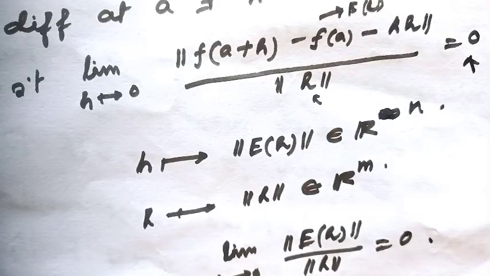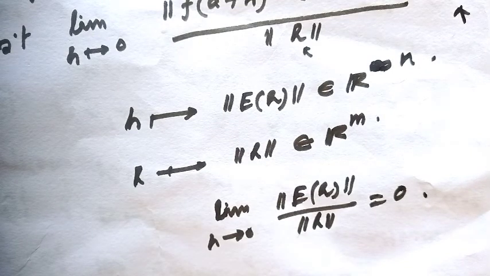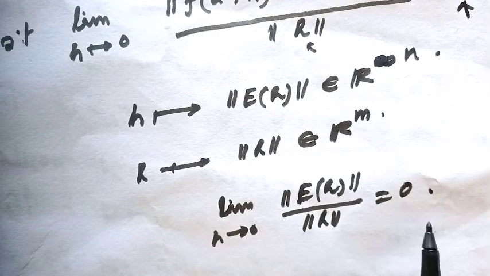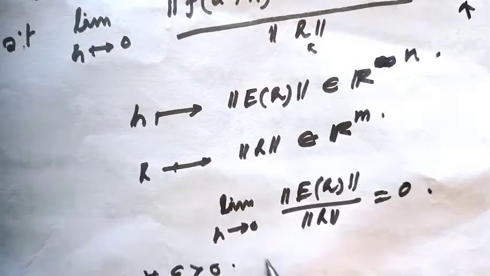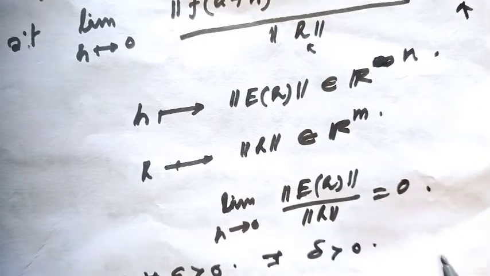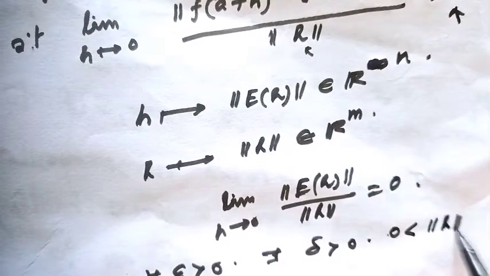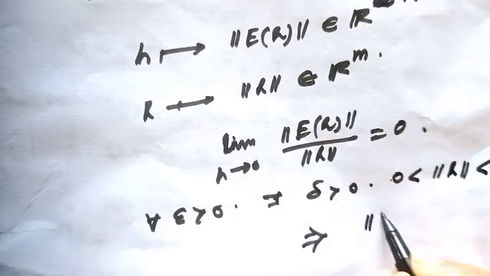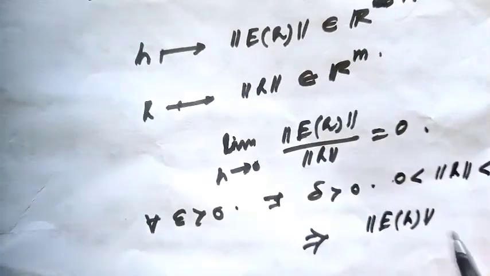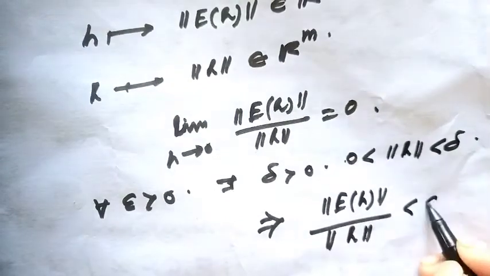Then just think, what is the epsilon delta definition of this limit? By this we can tell for all epsilon greater than 0 there exists delta greater than 0 such that 0 less than norm of h less than delta implies norm of E_a(h) over norm of h is less than epsilon.